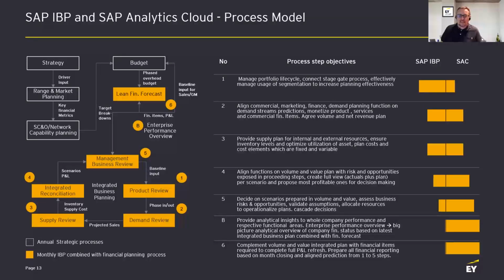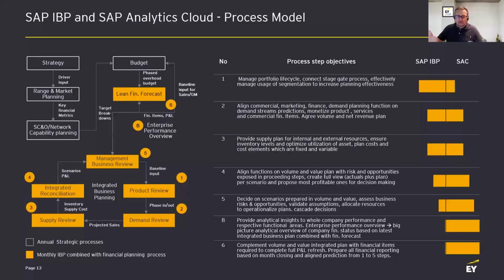And this is being done through the integrated reconciliation and planning your gross profit. But here you also see that there is a stronger connection to the financial planning tool like SAP Analytics Cloud. So actually not all of the activities in the traditional sales and operations planning process are then executed in SAP IBP. Mostly because of the financial impact, things shift towards the SAP Analytics Cloud.